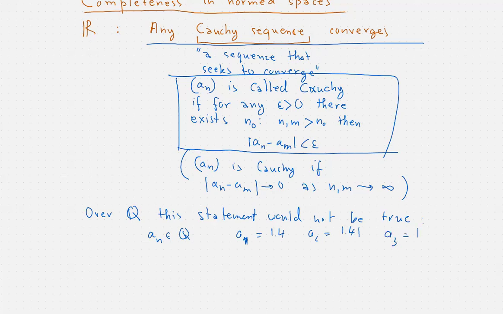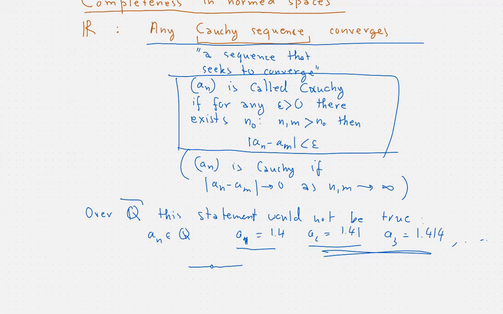Then this sequence has terms that come very, very close to each other. As n tends to infinity, the difference between such terms is minuscule. However, if our universe consists of the rational numbers, if we have nothing else beyond the rational numbers, then this sequence will not find any place to converge, which means that it's as if we're detecting the existence of a hole where normally the limit of this sequence would be. So, in other words, Q is non-complete, whereas R is complete.